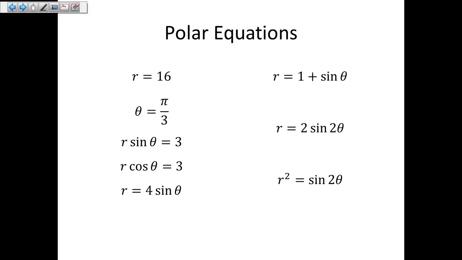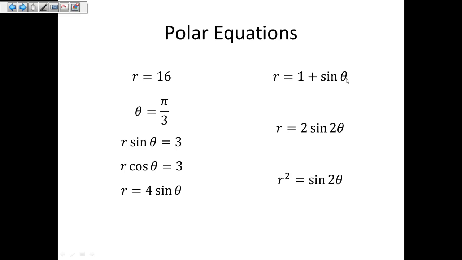Over on the left side of the screen, these equations represent what we're going to talk about in this video. These equations over here are reserved for the next video, the next topic, but I threw them up here because they really show the way you should be thinking about graphing these polar equations. You should think of r as a function of theta.